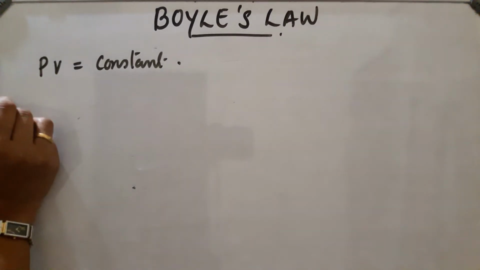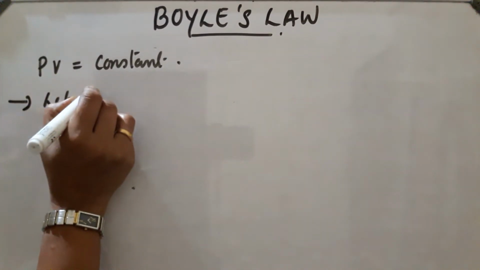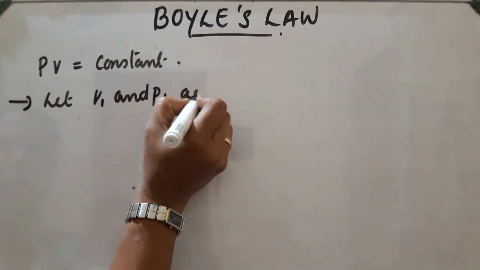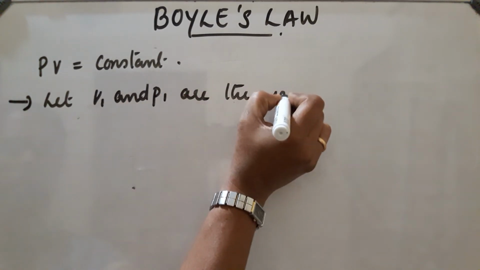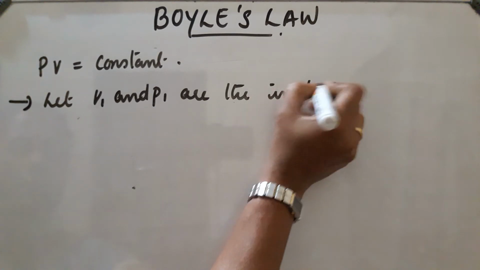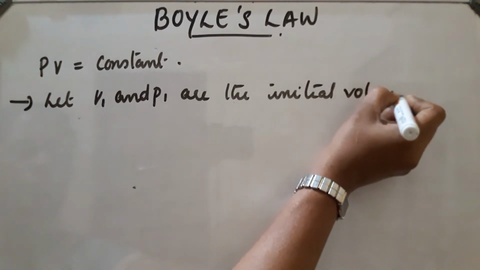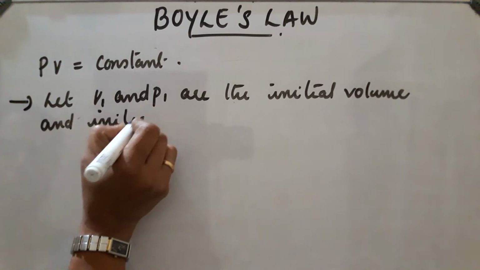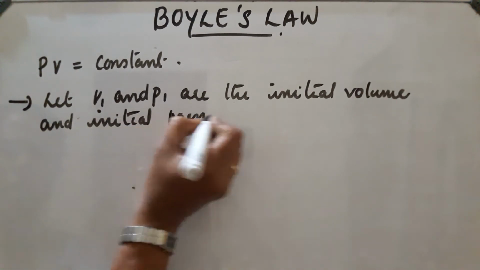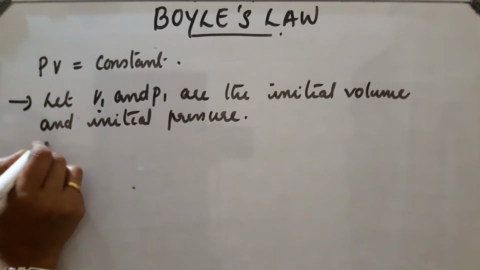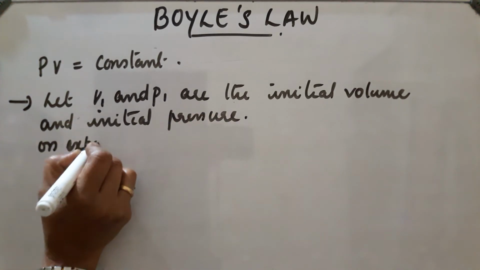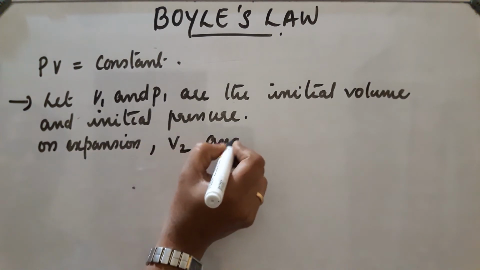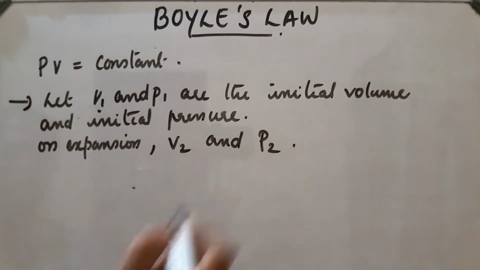Now, let V1 and P1 be the initial volume and initial pressure of a gas. On expansion, volume changes to V2 and pressure changes to P2.